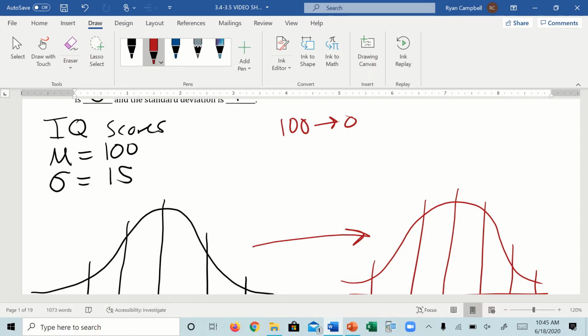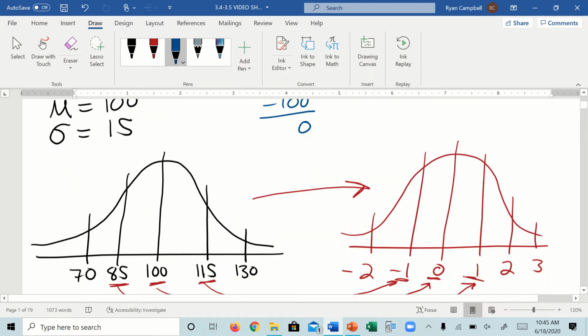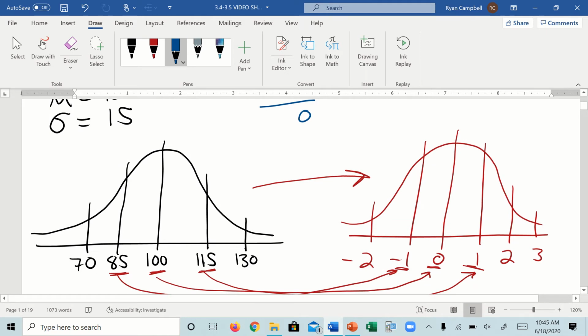So what could we do to turn 100 into 0? Well, we could subtract 100, right? So, okay, maybe the formula to go from data values to their z-scores is just subtracting 100.